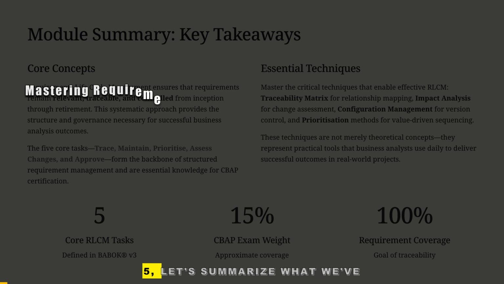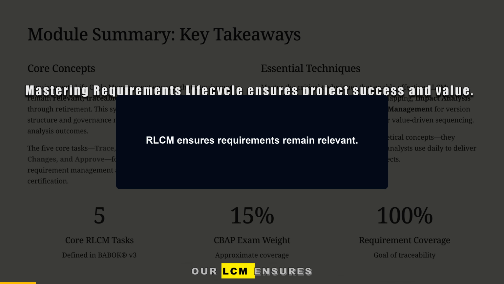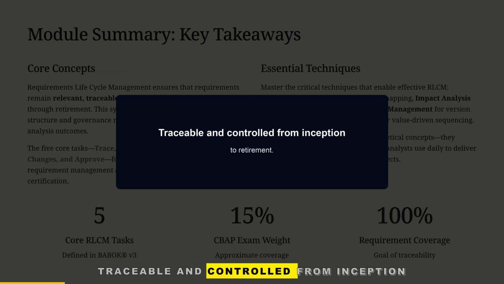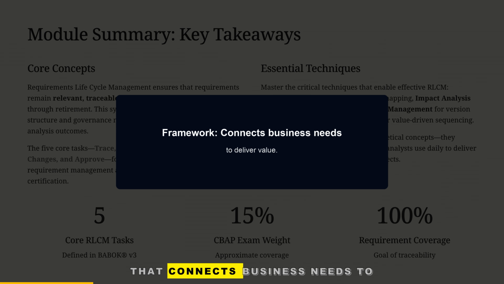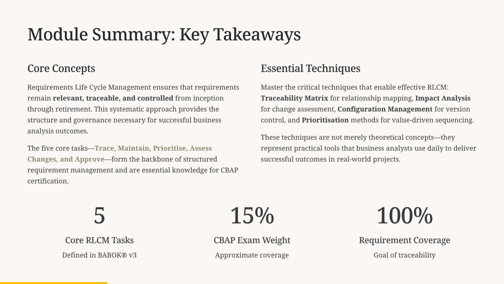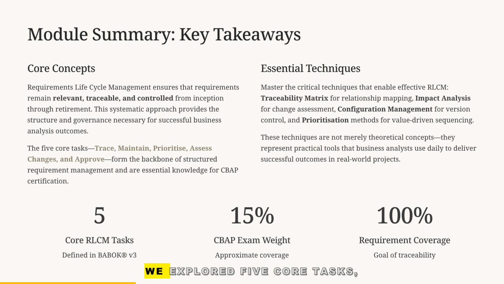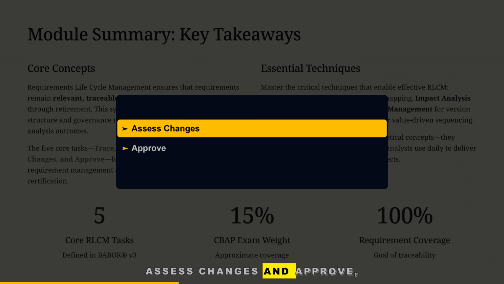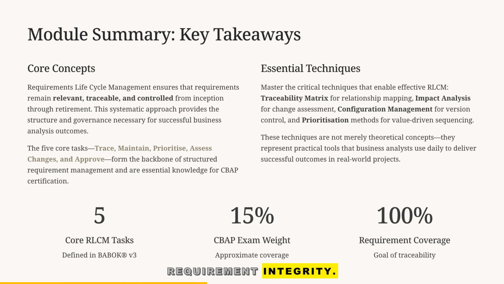As we wrap up Module 5, let's summarize what we've learned. RLCM ensures that requirements remain relevant, traceable, and controlled from inception through retirement. It provides a framework that connects business needs to delivered value through governance, structure, and accountability. We explored 5 core tasks: trace, maintain, prioritize, assess changes, and approve, each playing a vital role in ensuring requirement integrity.